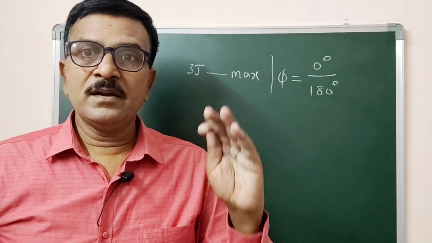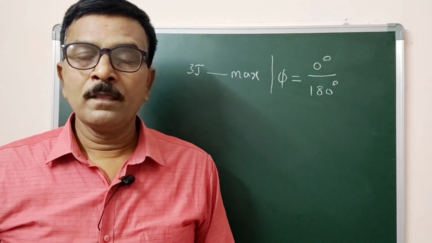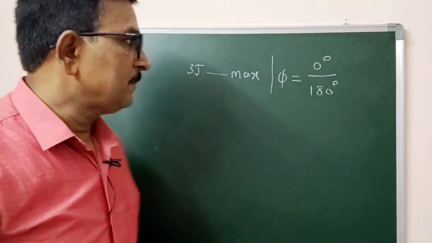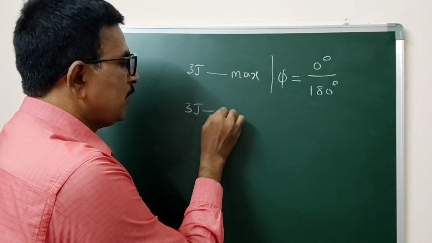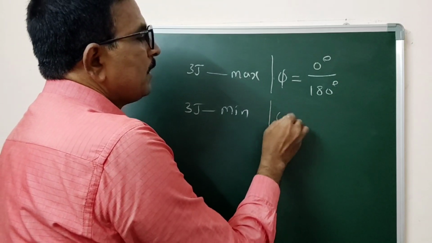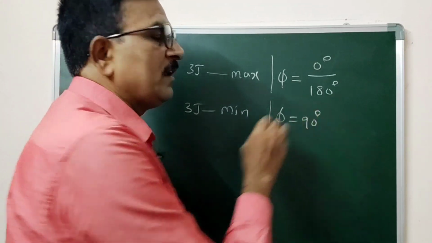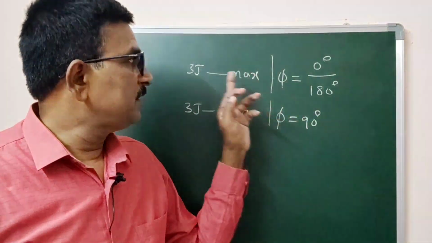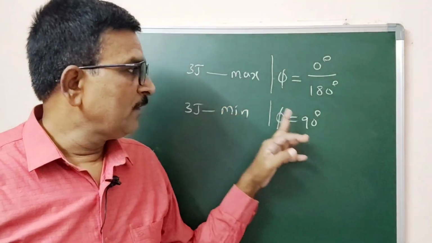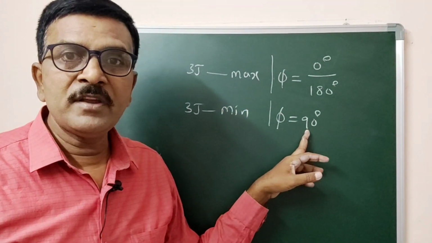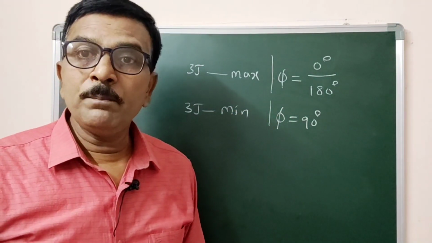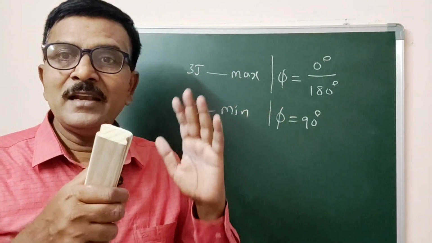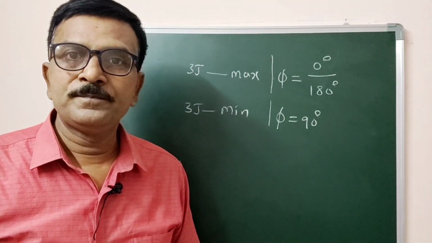And vicinal coupling constant values are minimum when the dihedral angle between the coupled protons is 90 degree. So at 0 and 180 degree dihedral angle, 3J values are maximum, whereas at 90 degree, 3J values are minimum. At the remaining dihedral angle values, the 3J values are in between. Is it clear?